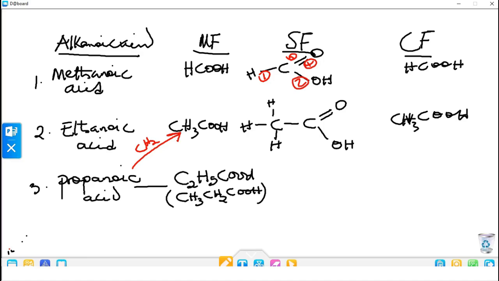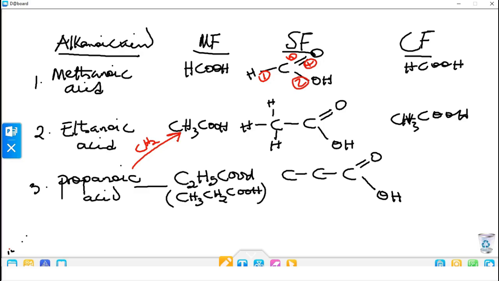So talking about the structural formula now, we have 3 carbon atoms there. So this is going to be 1 carbon, 2 carbons, 3 carbons. And this is double bond. For the last carbon, this is O and this is OH.